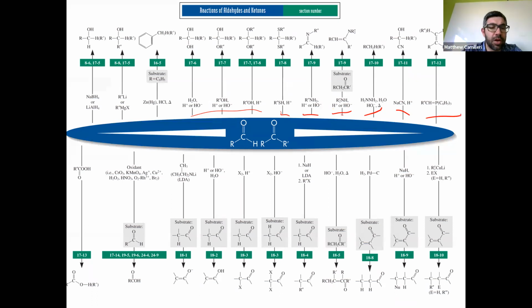After this, you can produce carboxylic acids if you oxidize aldehydes, and you can add nucleophiles. This is tautomerization.